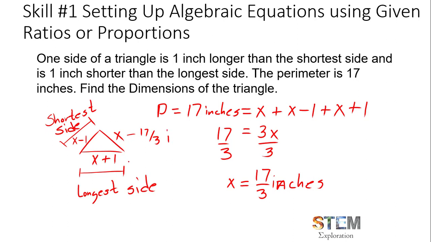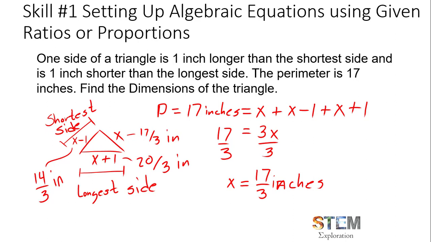This would be 20/3, because it would just be 17/3 plus 1, so that would be just adding 3 over 3 to both sides. And this would be 14/3 inches. All right, and so we have some different skills being implemented here to look at these given circumstances.